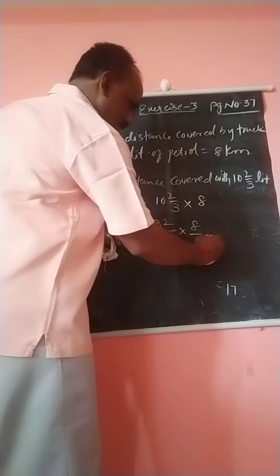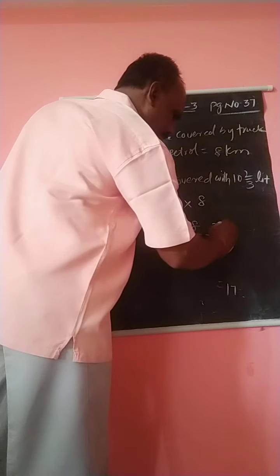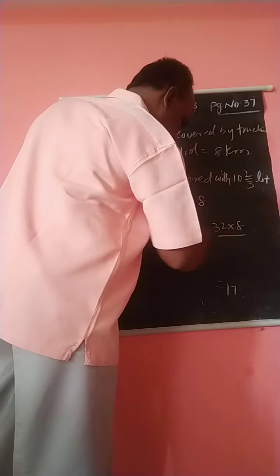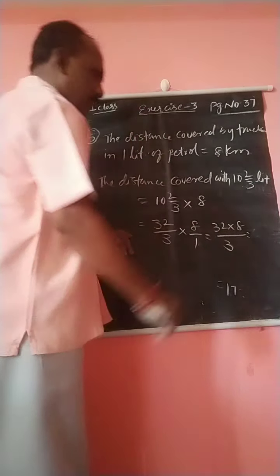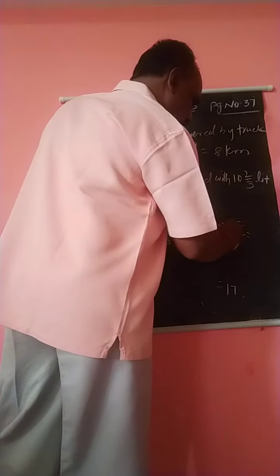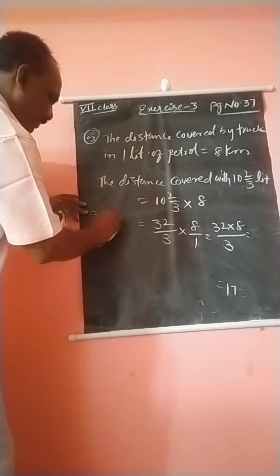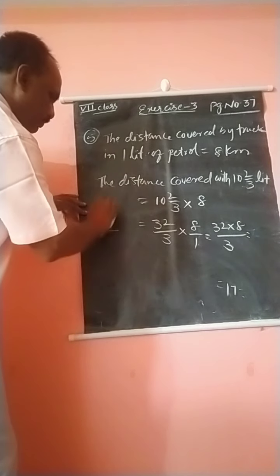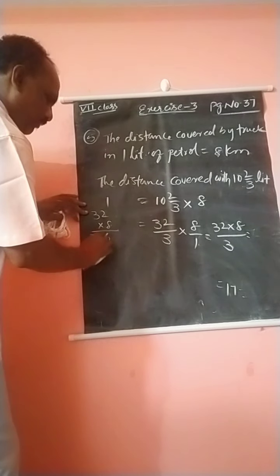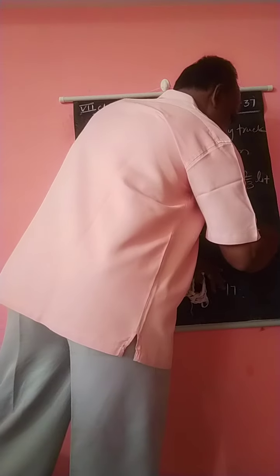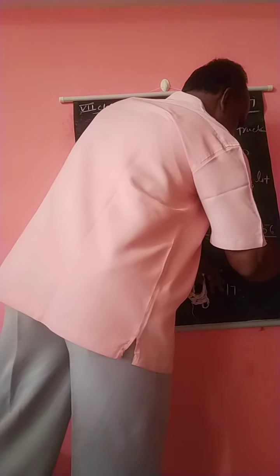Now direct multiplication. 32 into 8, by 3 ones are 3. 32 into 8: 8 twos are 16, 8 threes are 24, plus 1, 25. 256 by 3.